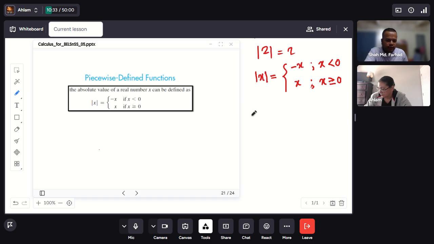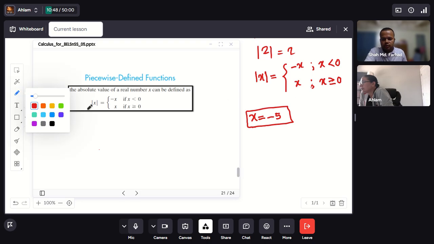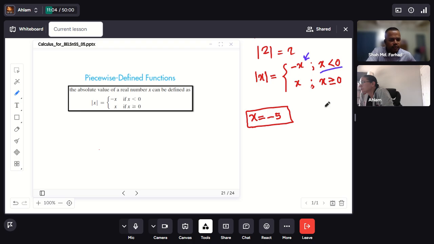So if you are given x equals -5, how can you calculate this? Which one will be considered from here? There are two functions here. The first one is negative x, that is, the absolute value of x is equal to negative x if the value of x is negative.